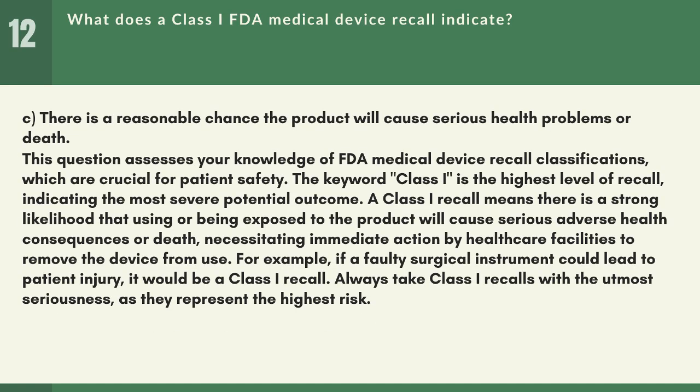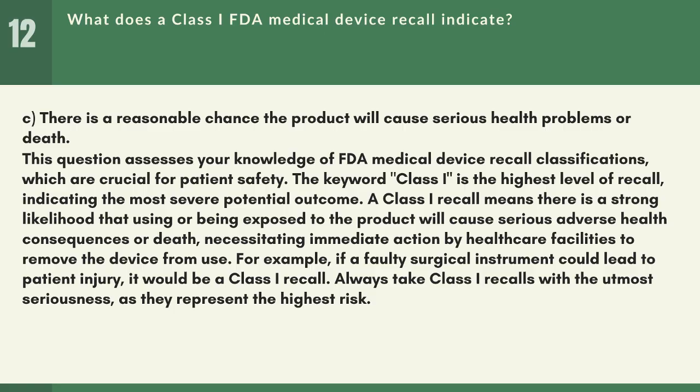Answer: C. There is a reasonable chance the product will cause serious health problems or death. This question assesses your knowledge of FDA medical device recall classifications, which are crucial for patient safety. The keyword Class 1 is the highest level of recall, indicating the most severe potential outcome.